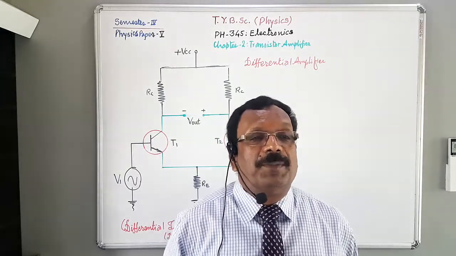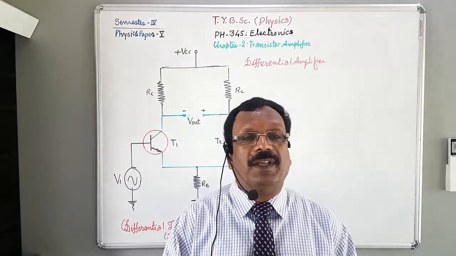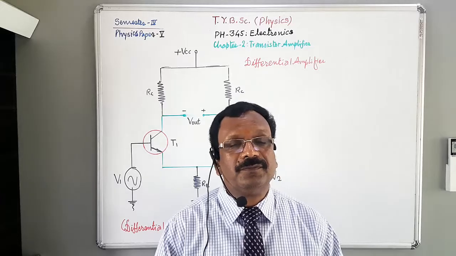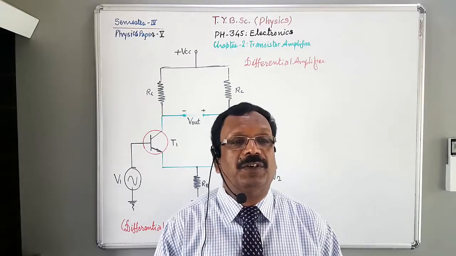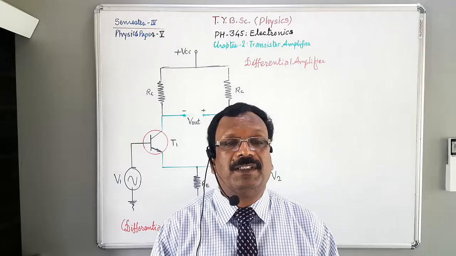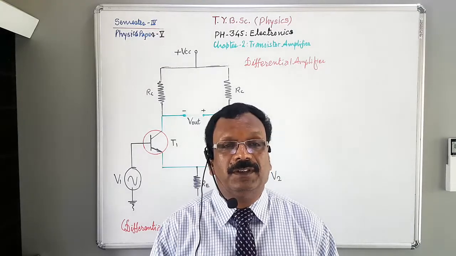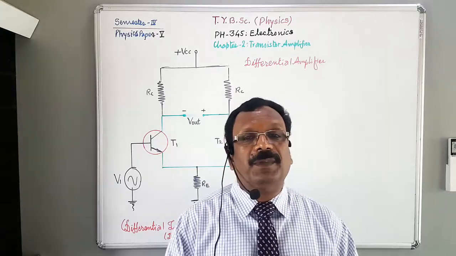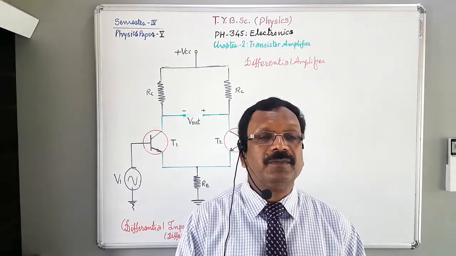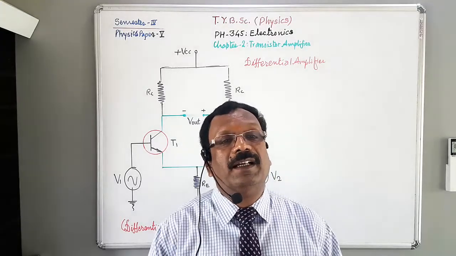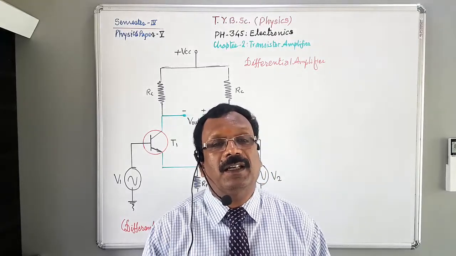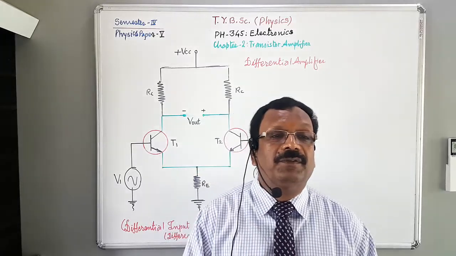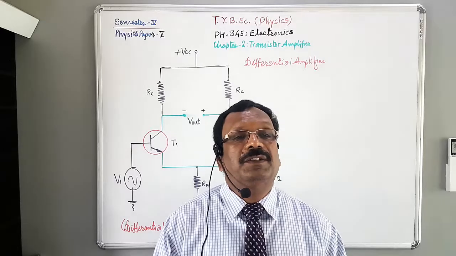Even small capacitors of the order of 50 picofarad may also be used, and due to this IC designers cannot use coupling and bypass capacitors used in discrete circuits. Instead, IC designers have to use direct coupling between stages and also need to eliminate the emitter bypass capacitor without losing too much voltage gain.